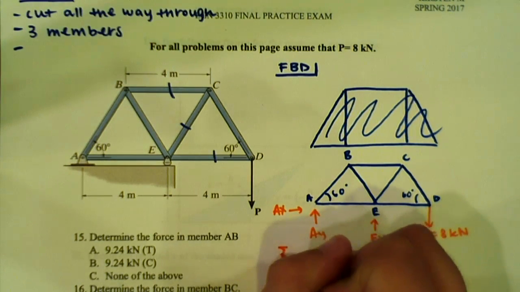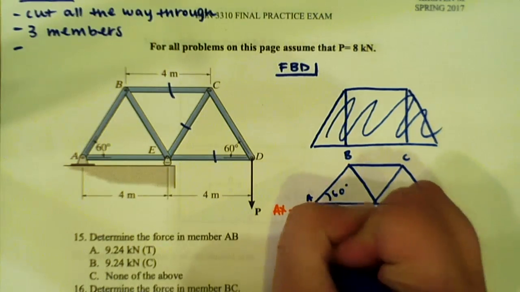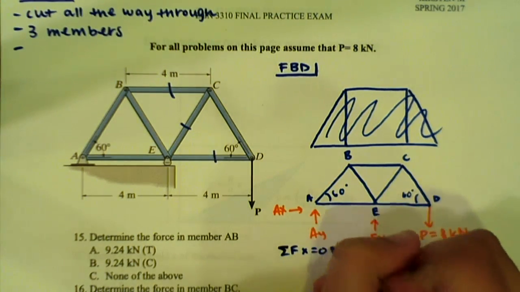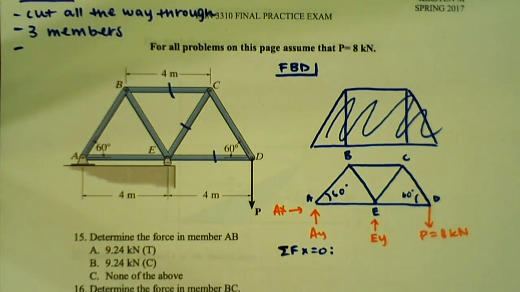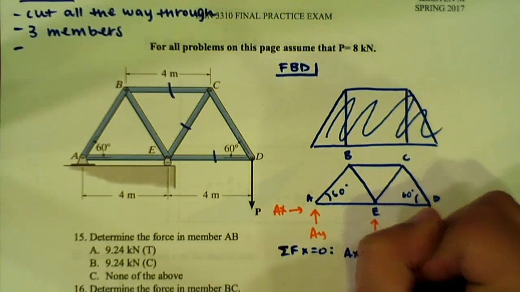Sum of the forces in the X. We're just looking at external forces. We only have our AX in the X direction, so that is going to be equal to 0.